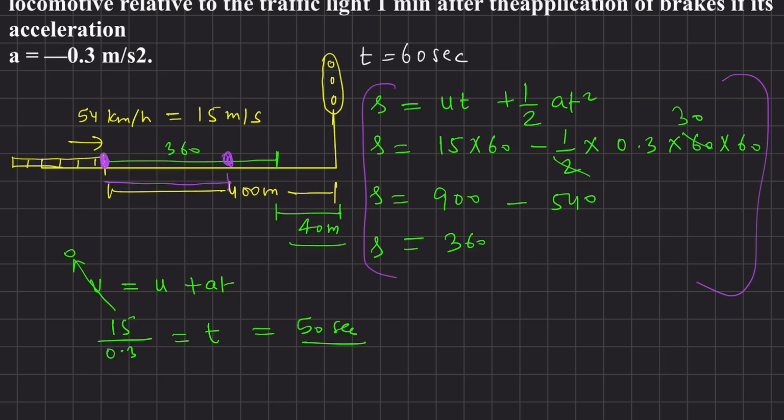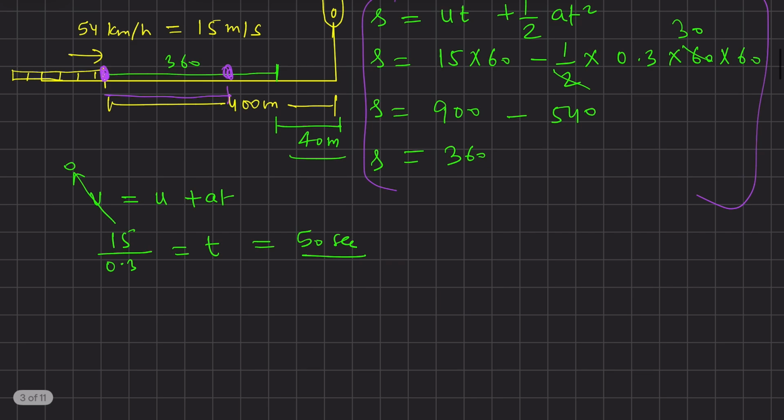So first we have to check that the time it takes to stop is only 50 seconds. With this idea, we can say s is equal to ut plus half at square.